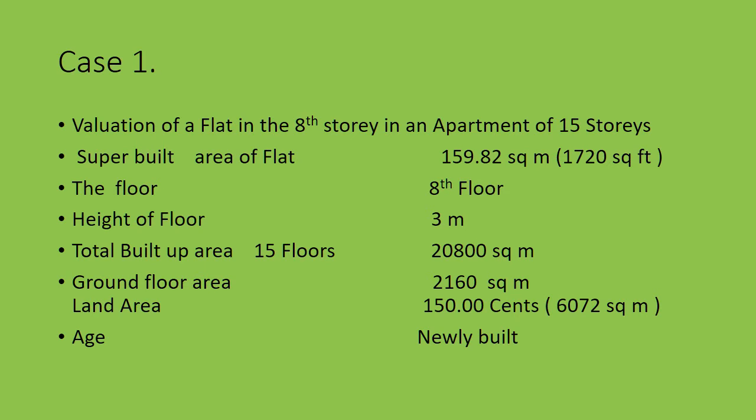The floor is the 8th floor, height of floor 3 meter. Total built up area, 15 floors, 20,800 square meter. Ground floor area, 2,160 square meter. Land area, 100 cents. Age, newly built.